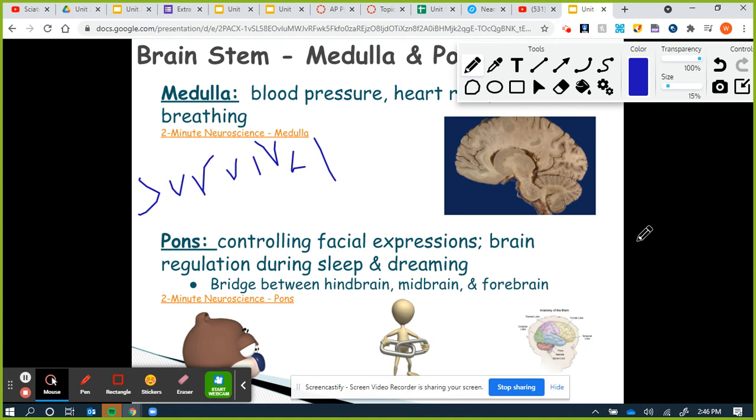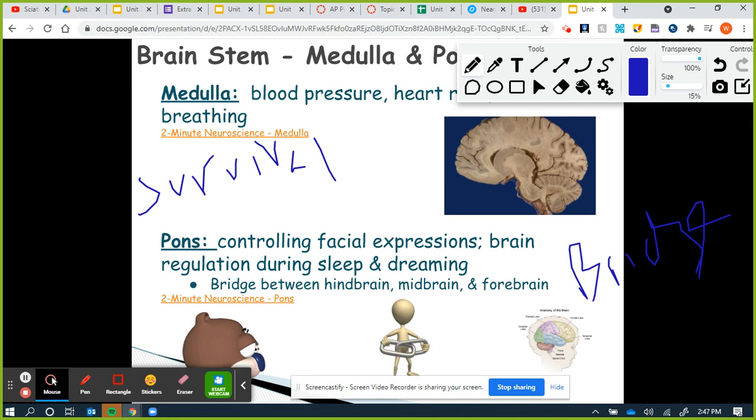The pons. The pons sits right above the medulla. Pons in Latin means bridge. It is essentially the bridge between all the other areas of the brain. Main thing you need to remember about the pons is it plays a big role in facial expressions. What are called the cranial nerves are connected to it.